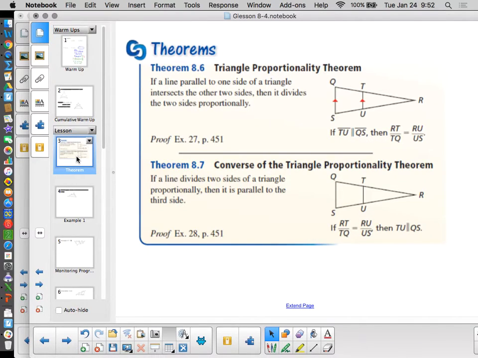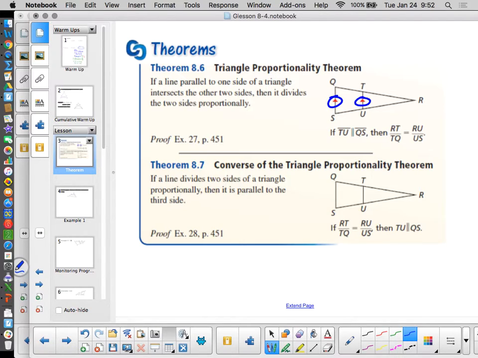Triangle proportionality theorem. This works really nifty because it says if I have a line parallel to a side in a triangle, okay, these two are parallel, then the division of the sides is proportional.